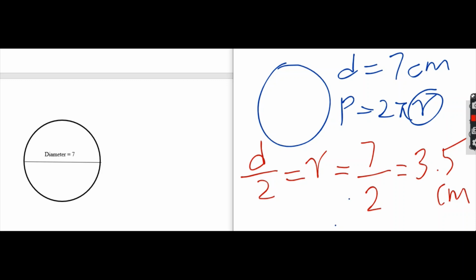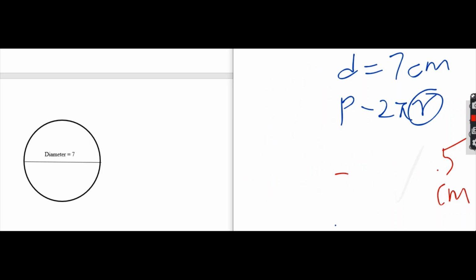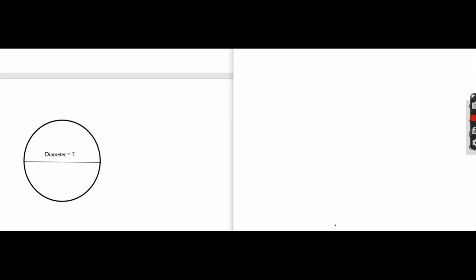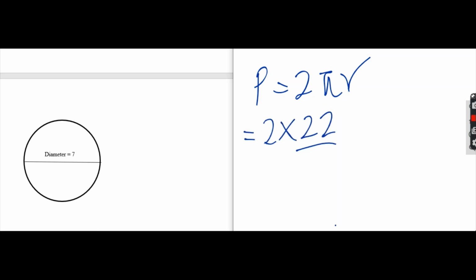So now since we know the radius, we can easily find the perimeter, but I want to show you something important over here. So this perimeter is equal to 2 pi r, and we know 2 pi is 22 over 7, radius is 3.5.